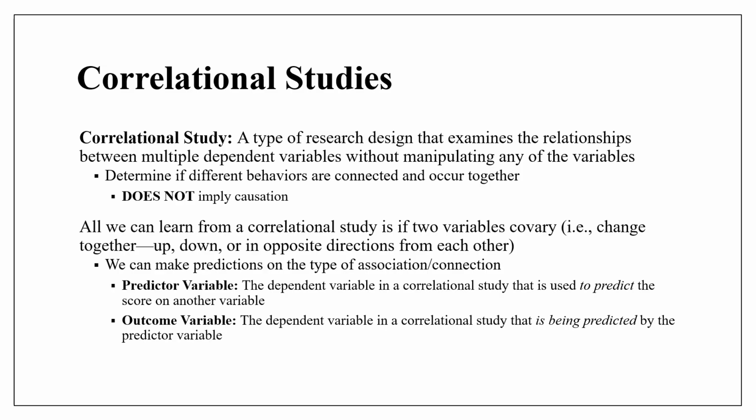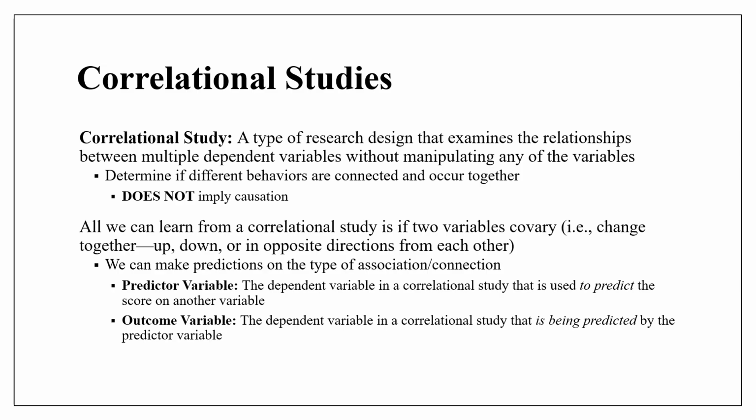Now, we can make predictions on the type of association or connection that these variables could have with each other. And depending on whether we're making a prediction or not, we would use specific terminology like predictor variable or outcome variable. A predictor variable would be the dependent variable in a correlational study that is used to predict the scores on another variable. And the outcome variable is the dependent variable in a correlational study that is being predicted by the predictor variable.